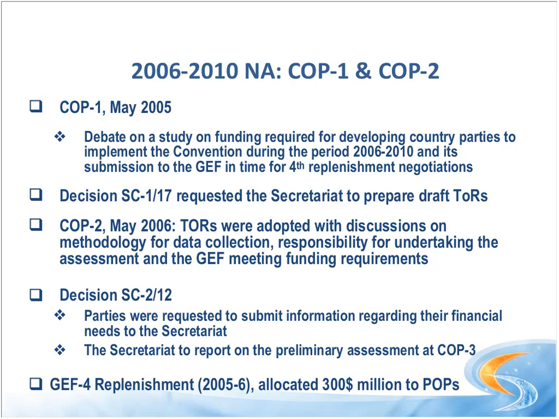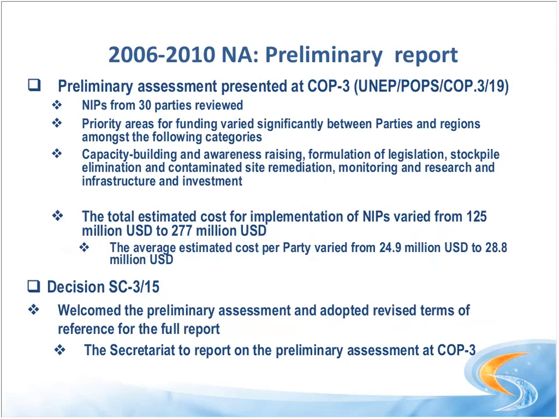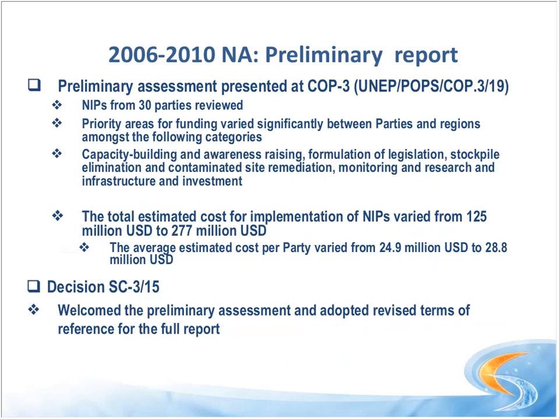So decision SC-2/12 asked parties to submit information and asked the Secretariat to prepare a preliminary report. This report, a preliminary report for the assessment of 2006-2010, drew upon information that was available in national implementation plans and highlighted already some areas where work was really required.